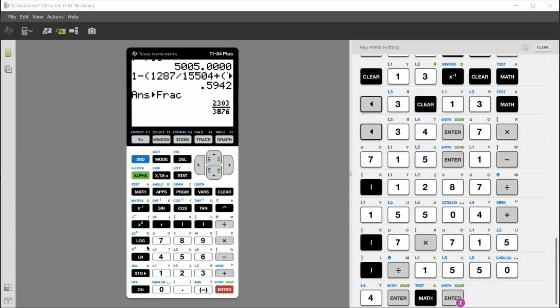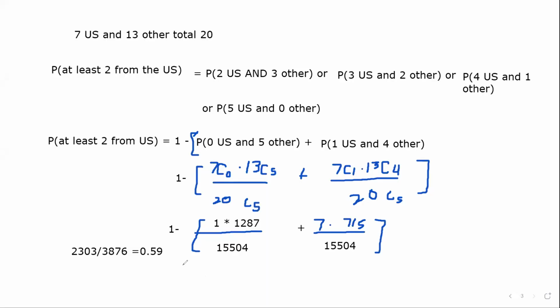And then I think we have one more part to this question, which is all five from the US. Let me just finish this because I truncated. 5942, and that means this is equal to 59.42%.